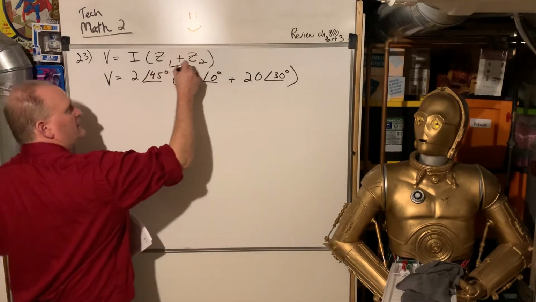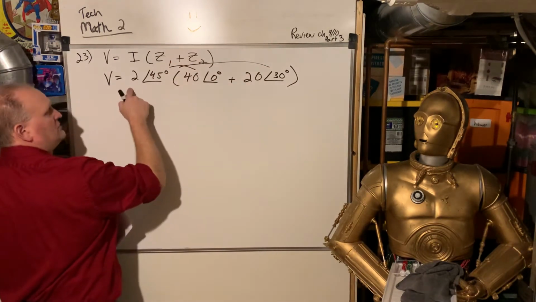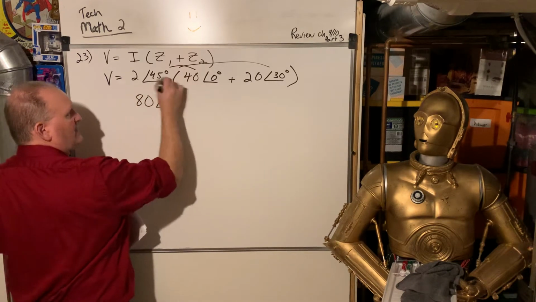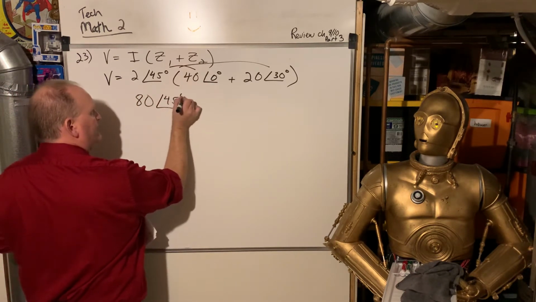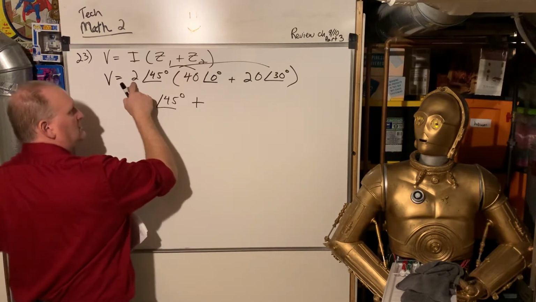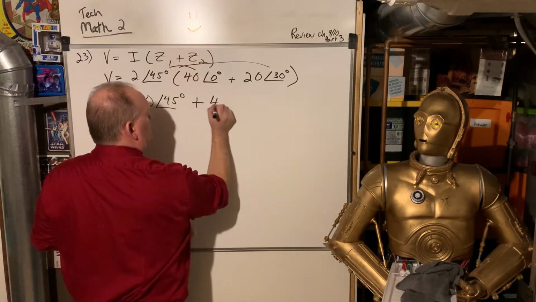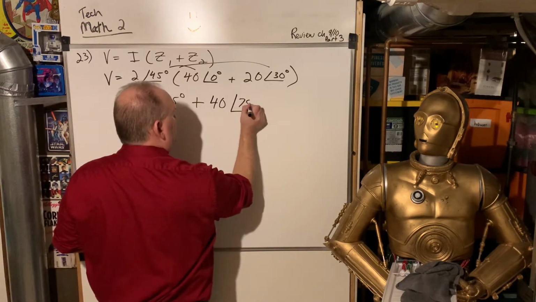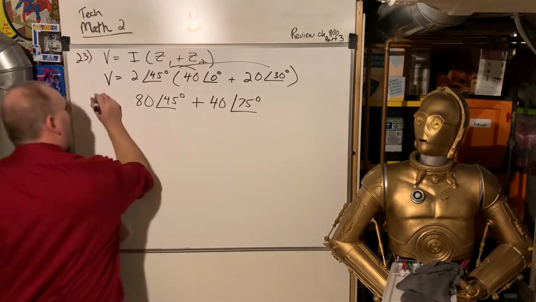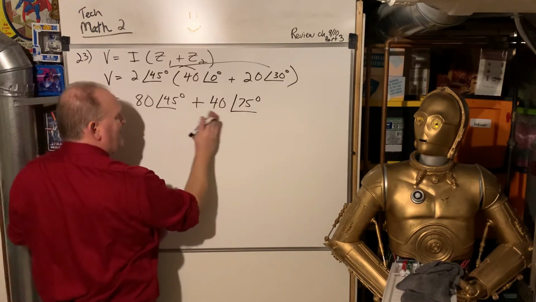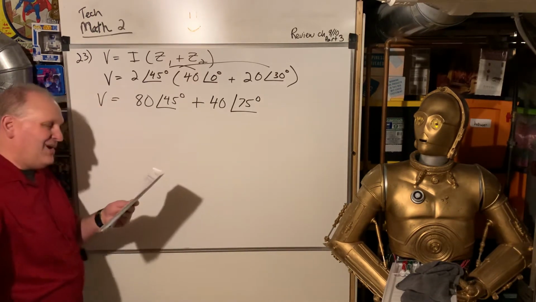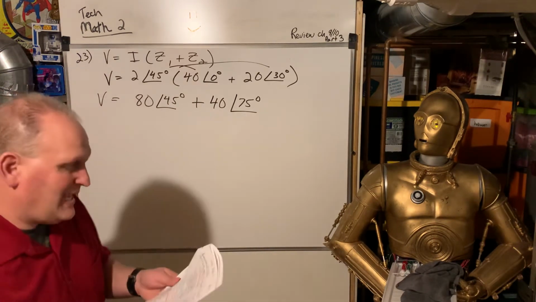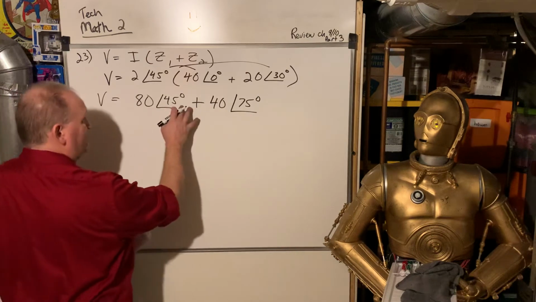We do the distributive property, and so 2 times 40 is 80, and then 45 plus 0 is just 45, plus 2 times 20 is 40, and 45 plus 30 is 75 degrees. So that was easy. Unfortunately, we still have to add these. So now we've got to convert these back to x and y, and these are not easy conversions.